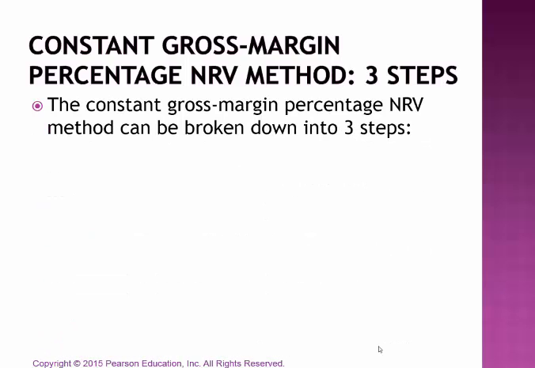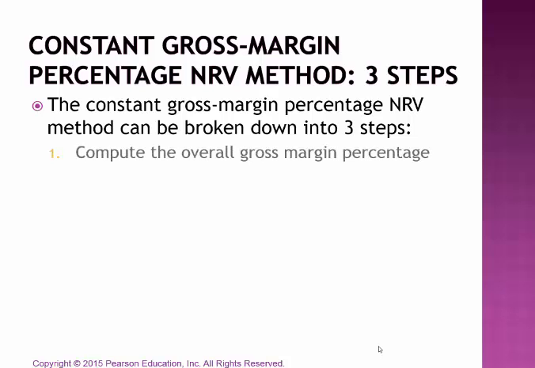Alright, so we've got 3 steps that we have to do in order to calculate constant gross margin. Number 1, we're going to compute the overall gross margin percentage. To do that, we're going to calculate the sales value for everything produced during the period.